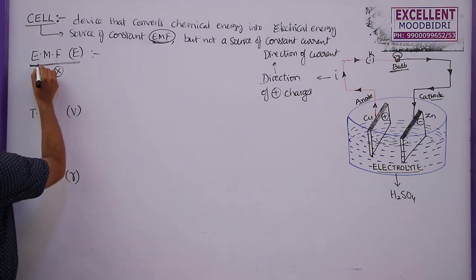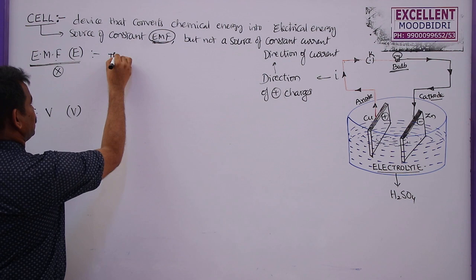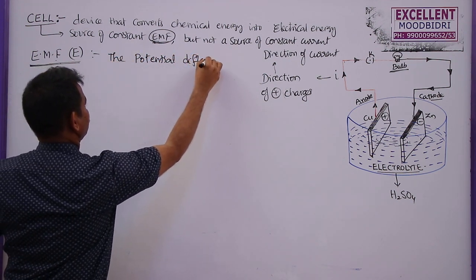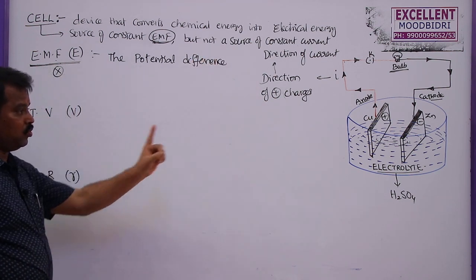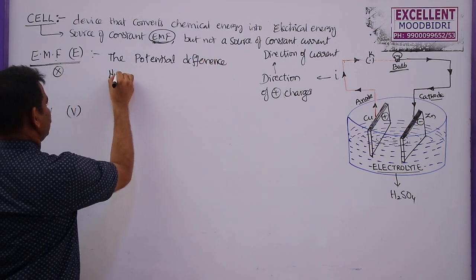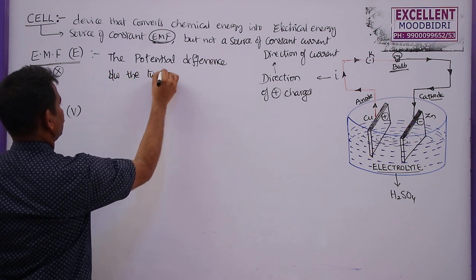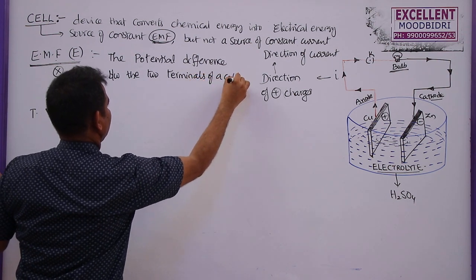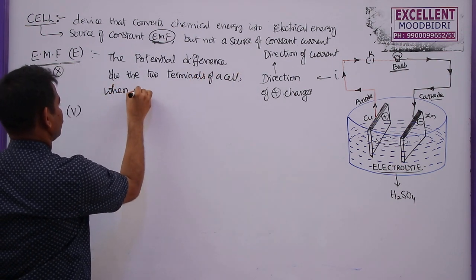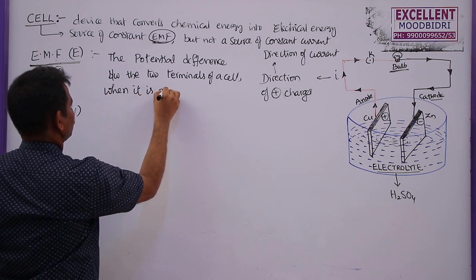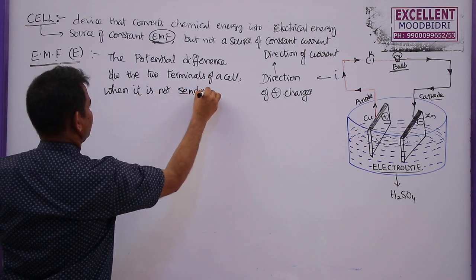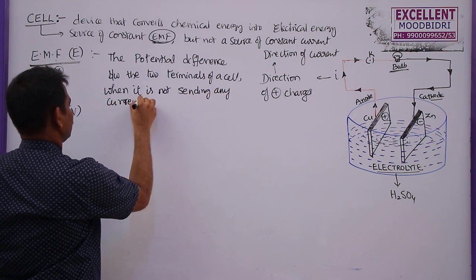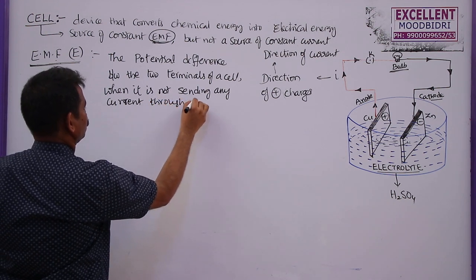Here the electromotive force is the potential difference between the two terminals of a cell when it is not sending any current through the circuit.